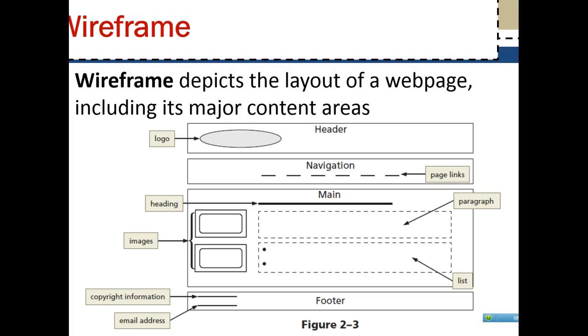So this is the wireframe which you want to create after the sitemap. And this is a format that a lot of web pages might have. But if you use WordPress or any other web page development tools, they all have different templates that you can actually use.